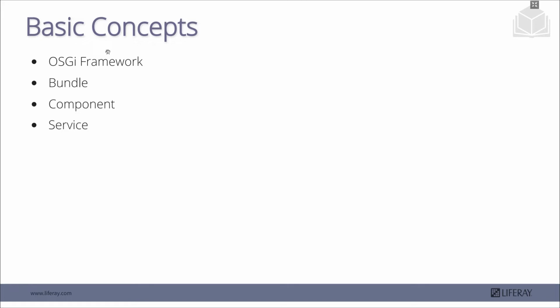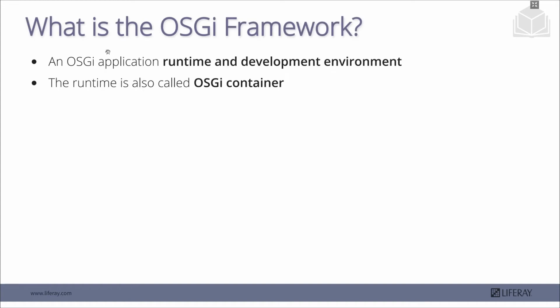What makes all of this possible is going to be the framework, the OSGi framework. The next 3 things after that are the different parts, the different pieces that are going to be going together to make all of our development fun happen. We have these things called bundles, components, and services, OSGi services. So we'll be investigating each one of these and going into some of the detail a little bit later.